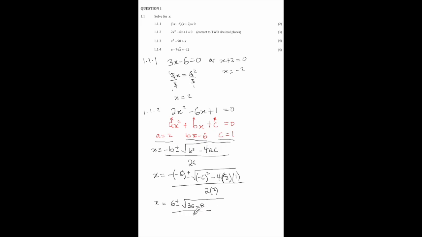All of that over 4 from 2 by 2 times 2. So I'm just going to go ahead and punch that into my calculator to see what the two values of x I get.